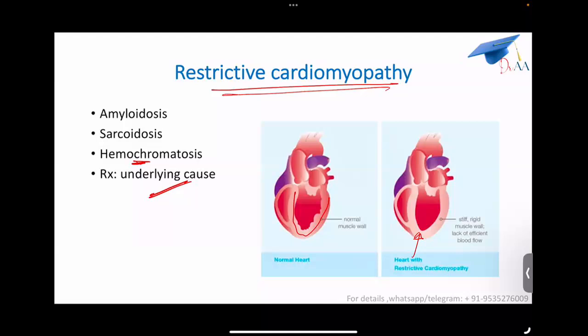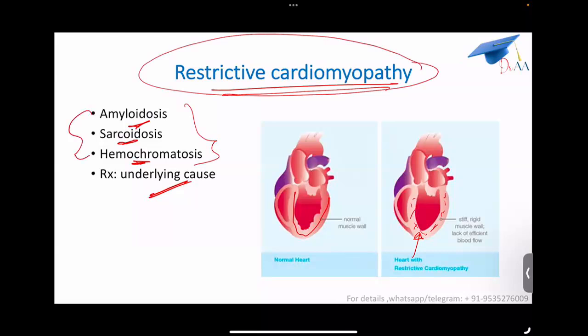These particles depositing here will cause stiffness. It is not able to contract at all. It has become stiff because of the deposition of iron, or deposition of amyloid as seen in sarcoidosis or amyloidosis. These are the only 3 conditions which cause restrictive cardiomyopathy. If they want to test you about restrictive cardiomyopathy, they will mention one of these in the stem of the question. Then you can easily diagnose restrictive cardiomyopathy.